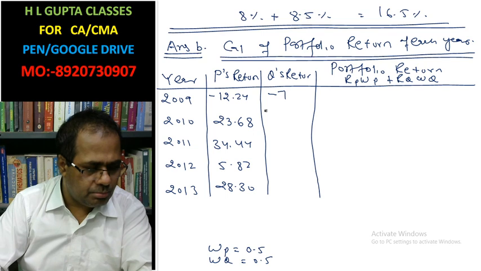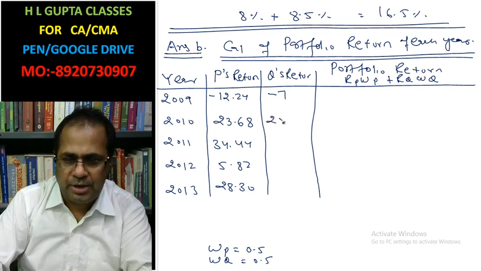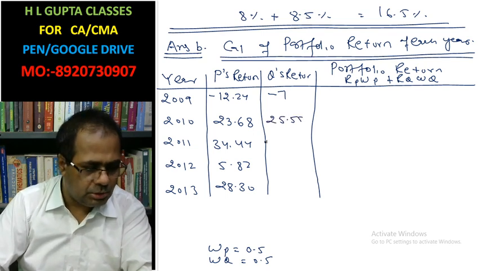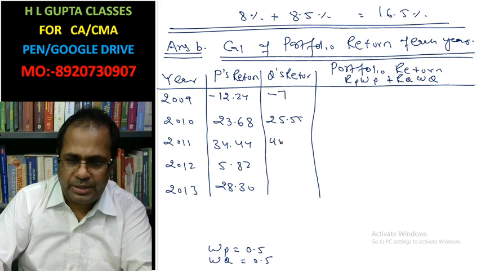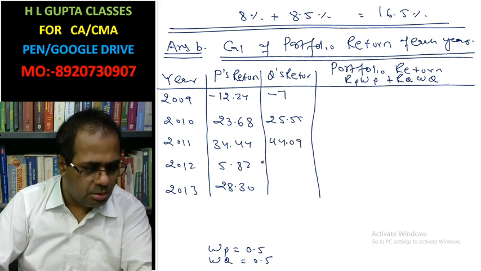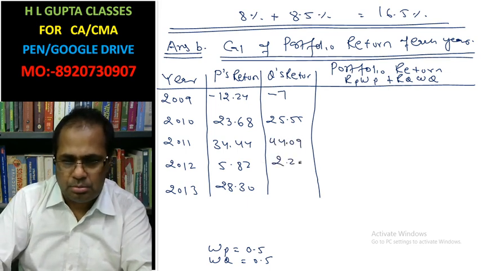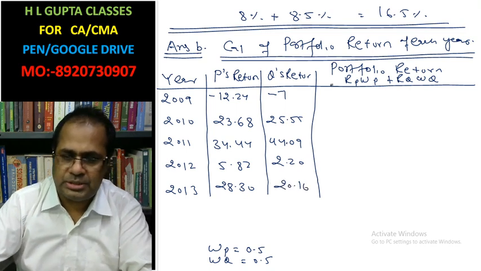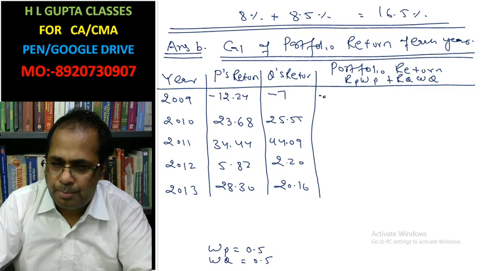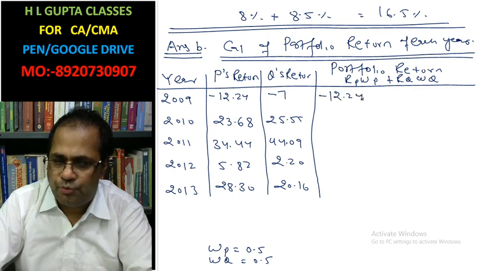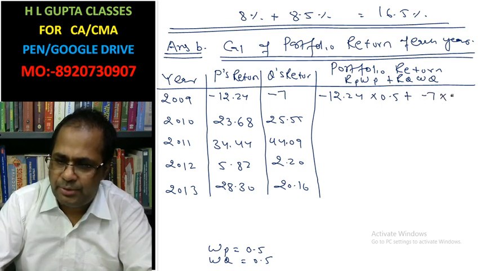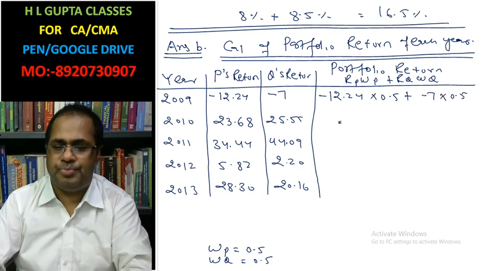Q's returns: minus 7, 25.55, 44.09, 2.20, 20.16. So for 2009, minus 12.24 into 0.5 plus minus 7 into 0.5.